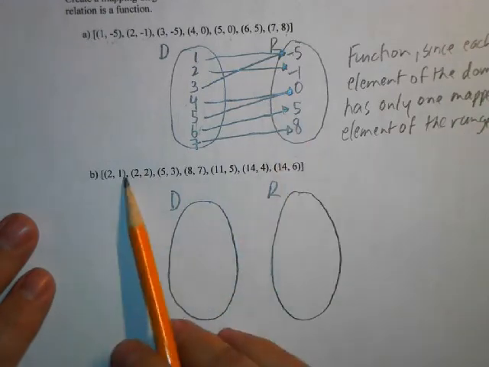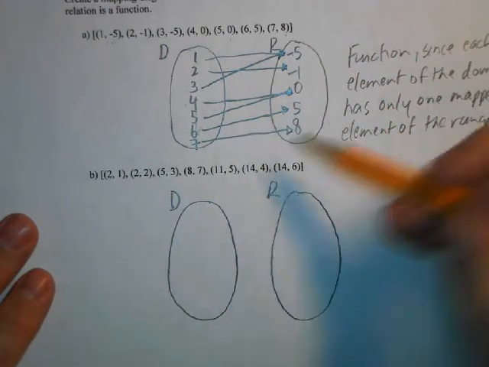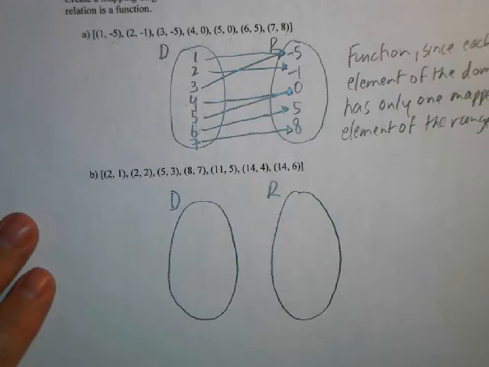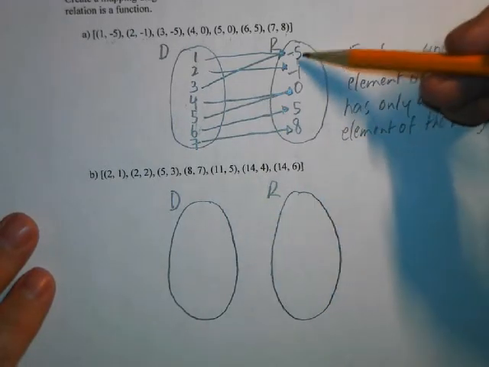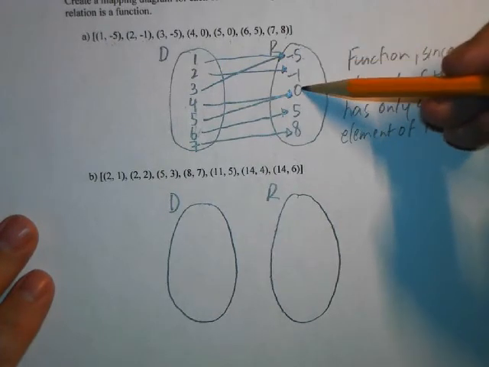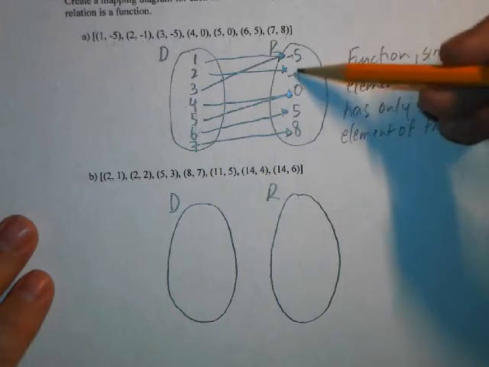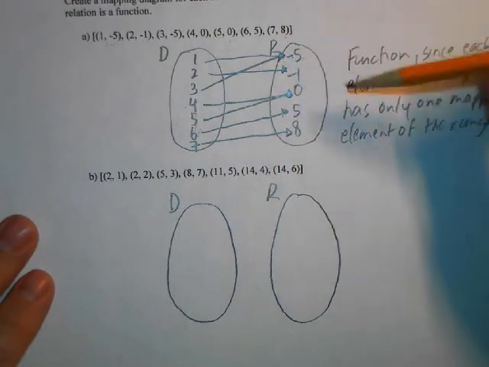So for example, you can see I've got 2, 1, 2, 2. I'm not going to put 2 there twice. I only put it there once. You can't have duplicates in either one of these. Just like up here we didn't have -5 written twice or 0 written twice. We just had it there once, and if we used it more than once, you could see that because you have 2 arrows coming to it.